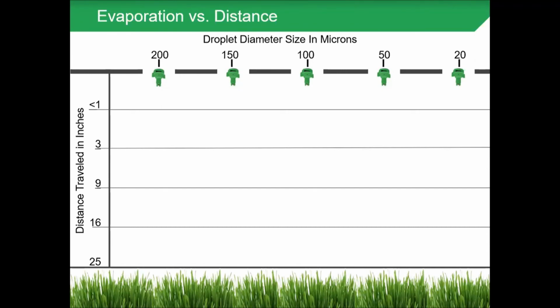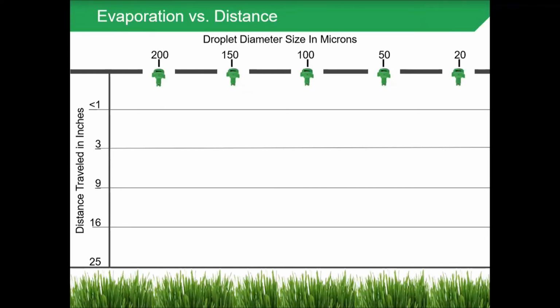And this is a study done at University of Illinois in their ag engineering, showing how far a droplet travels. Typically on a commercial sprayer in our market, we're looking at about a 20-inch boom height on most turf applications. When we measure a 200 micron size droplet, and just for reference, 100 microns is the thickness of a piece of hair.